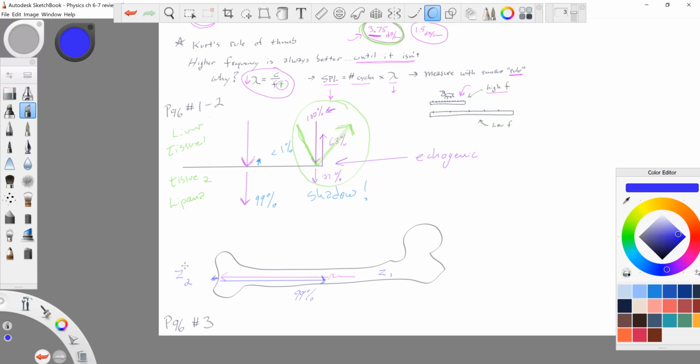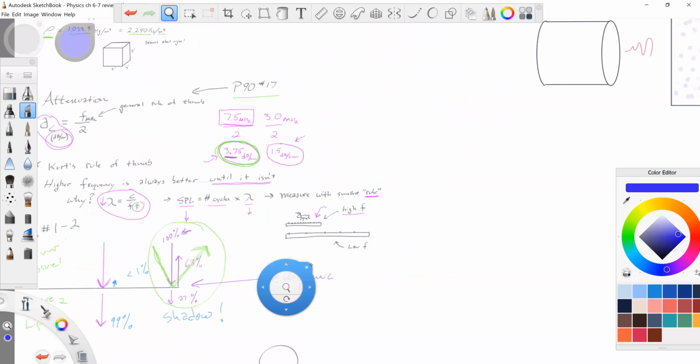That's all we're concerned about: reflection, Z1 and Z2. Speed of sound is very different, but we're not concerned about that right now. It's not asking the question. And even if it did ask the question about refraction, there would be no refraction. Why? Ooh, that might be the next question. I think it is the next question, so I'm not going to answer that.